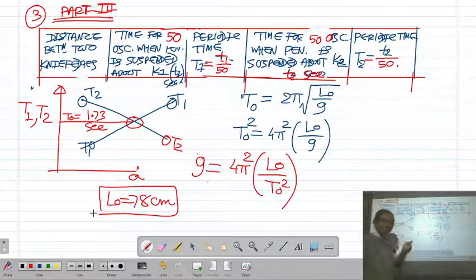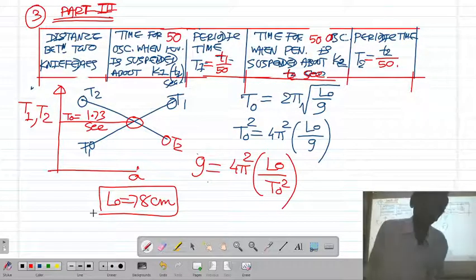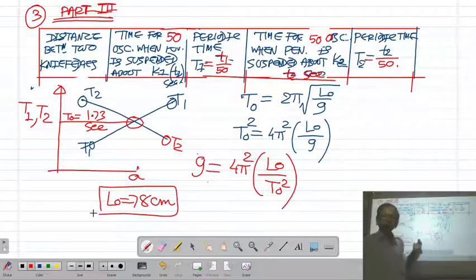Because for a 78 centimeter distance between two knife edges, Kater's pendulum will behave as a simple pendulum, since the periodic times T1 and T2 will be nearly equal. So 78 centimeter is the equivalent length of the simple pendulum.